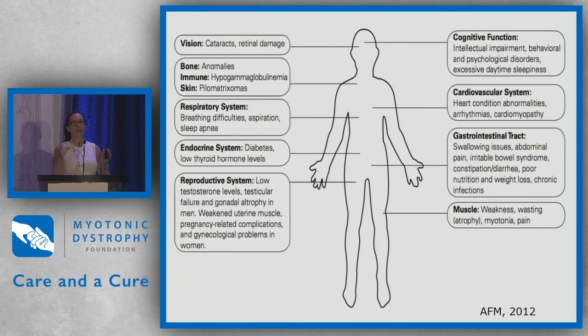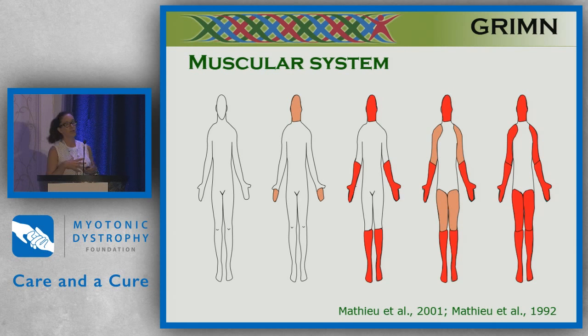The only system affected in everybody, or almost everybody, is the muscular system. Apart from that, cataract, the respiratory system, the cardiovascular system may or may not affect you. Throughout the presentation, I will address some of those issues and tell you what we can do about them in our daily life. The first one, obviously the most important system in terms of activities of daily living, is the muscular system.